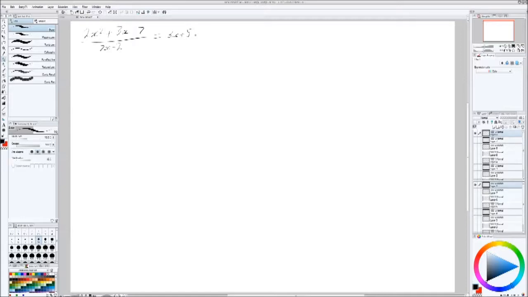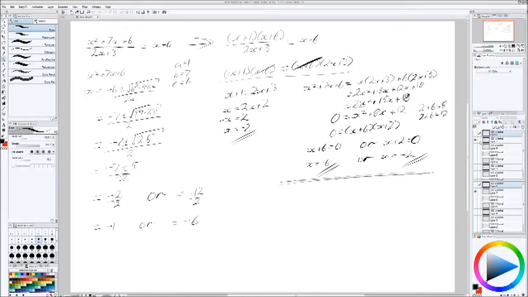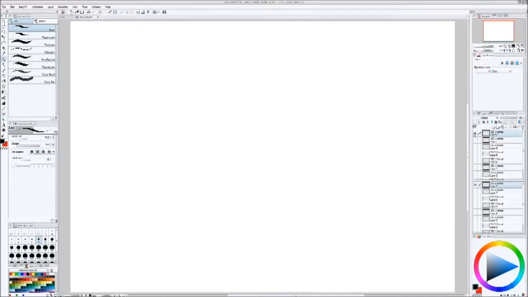And with the last one, we could have used algebraic long division, and it would have been interesting to see how that turned out. We might even try it in this case. Yeah, why not? Because I don't think this is going to end pretty anyway. We will try some algebraic long division.